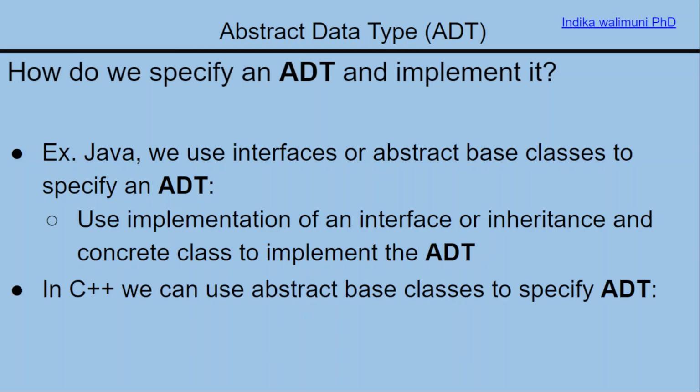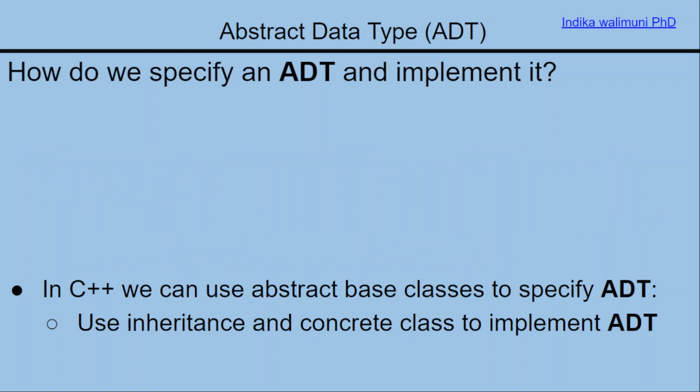In C++, there's only one way. We can create an abstract base class to specify the ADT, the logical implementation. To implement the physical, we use inheritance and a concrete class. So we have the abstract base class, and we create a derived class, a child class, out of that class.